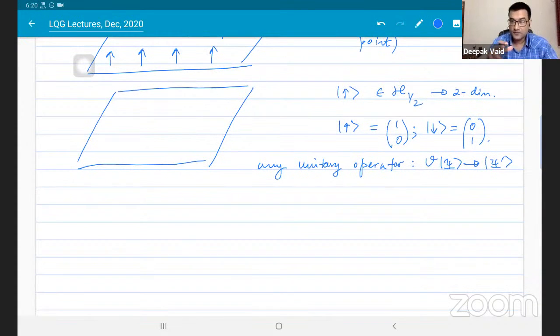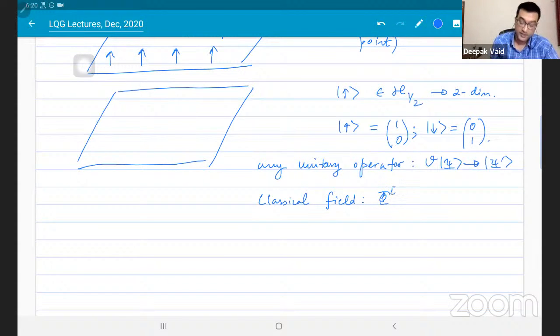Let me just mention that one doesn't need to work with a quantum particle. One can equally well work with a classical field. Let's say we work with a classical vector field.